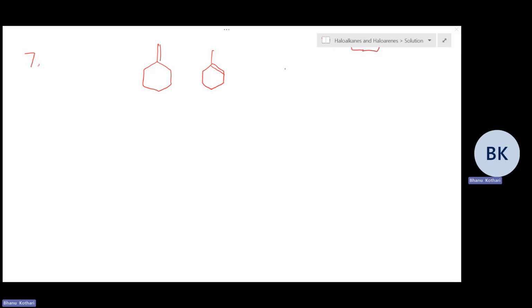Option B also can give us two different products. It can give us a double bond on this carbon, or it can give us a double bond here, right? Let's talk about option C. C will again give two different compounds. Either the double bond will form here, or it will form on the second position where beta hydrogen is present, right?